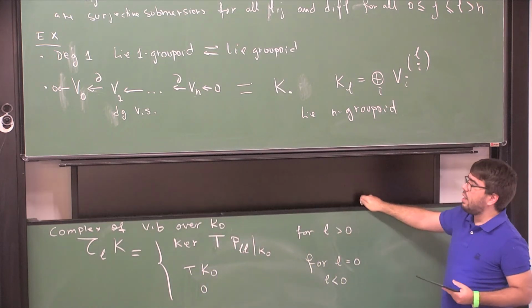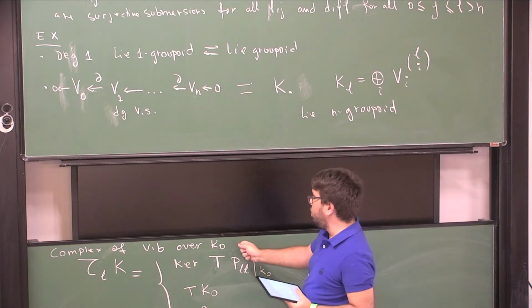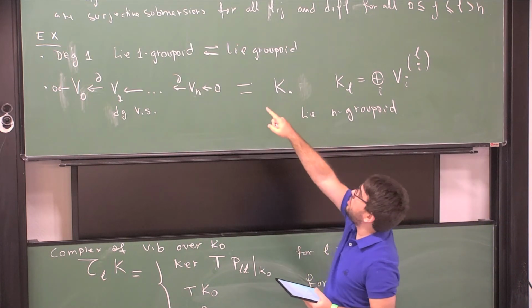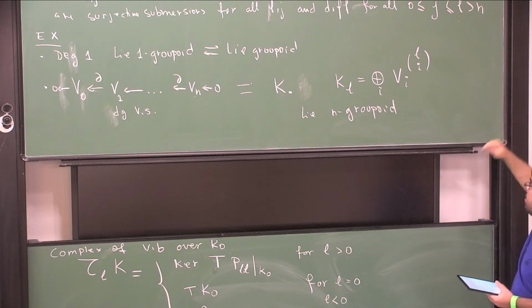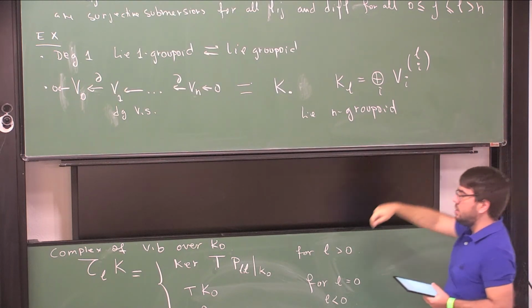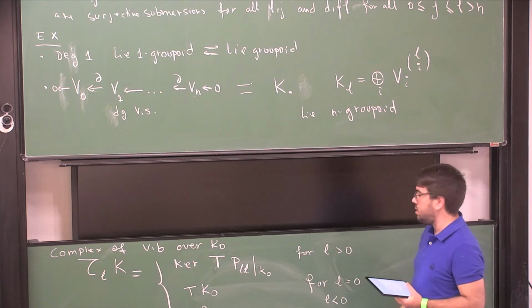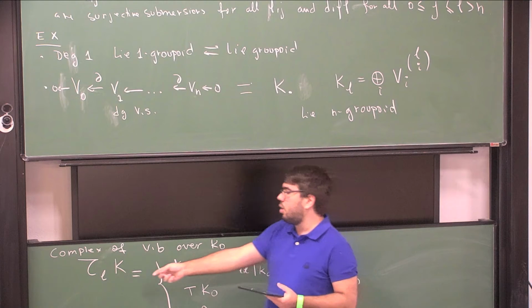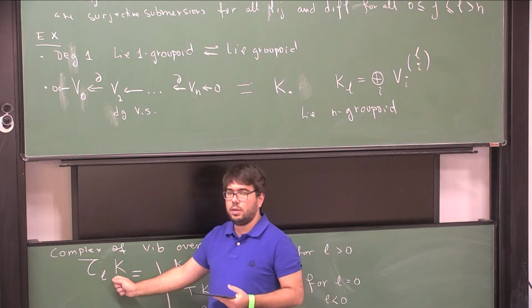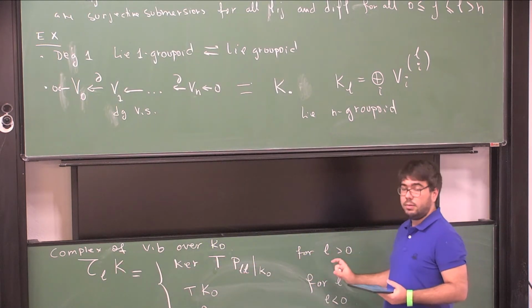And here what one can say is that if I have a Lie groupoid, since the Hor projections are diffeos for L greater than N, therefore this kernel should be 0 for L greater than N. Therefore the tangent complex of a Lie groupoid is concentrated in degrees 0 to N.